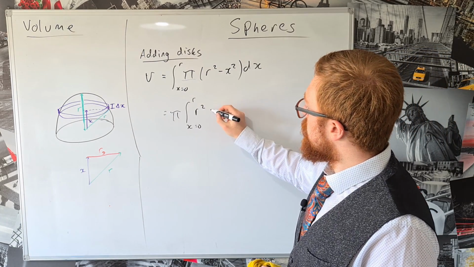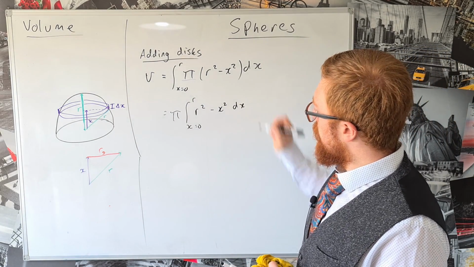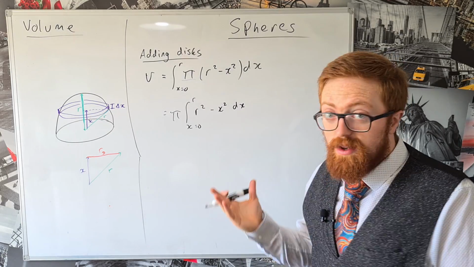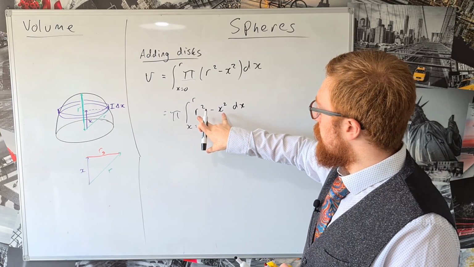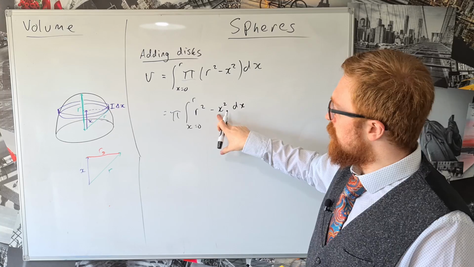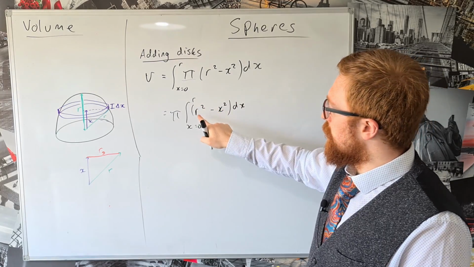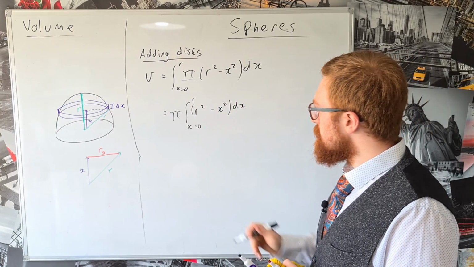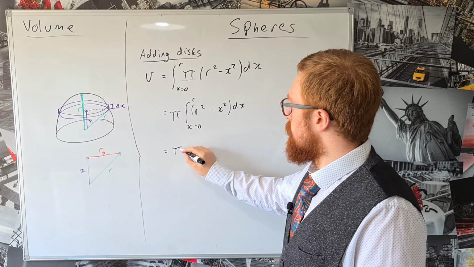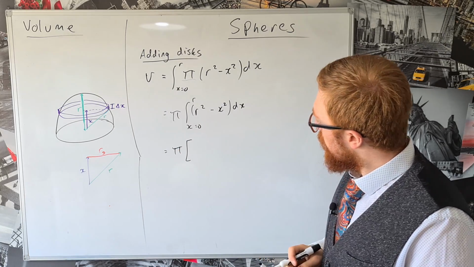So then we get the integral of r squared minus x squared dx. And then we can integrate this quite nicely. If we've got the sum of two functions in an integral, we can just integrate them one by one, and that's going to give me my answer.